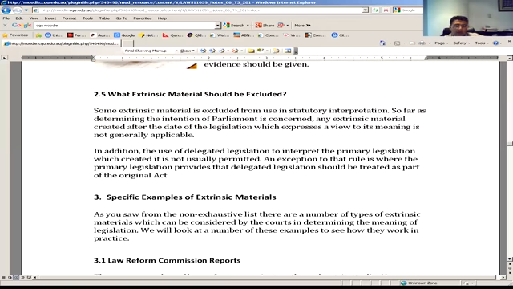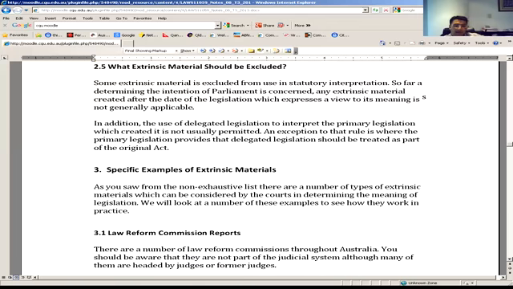Which extrinsic material should be excluded? If it was created after the date of the legislation, which expresses a view as to its meaning, it's not generally applicable. Well, I think it's fair to say it's not as applicable as material created before the legislation came into being. And the use of delegated legislation to interpret the primary legislation. So what we're saying there is, let's say there is an act.